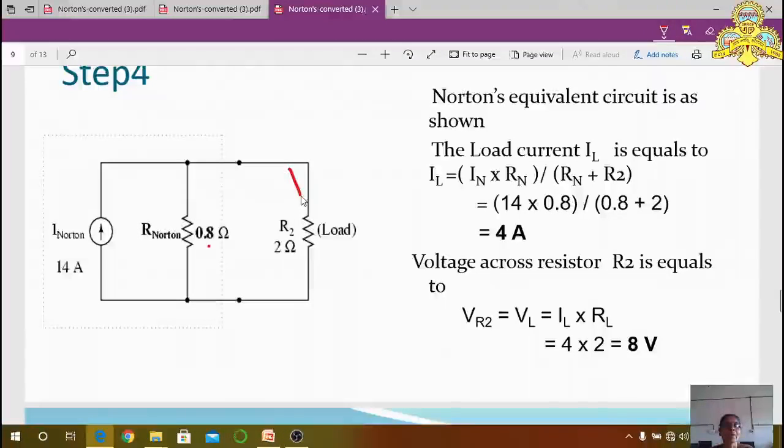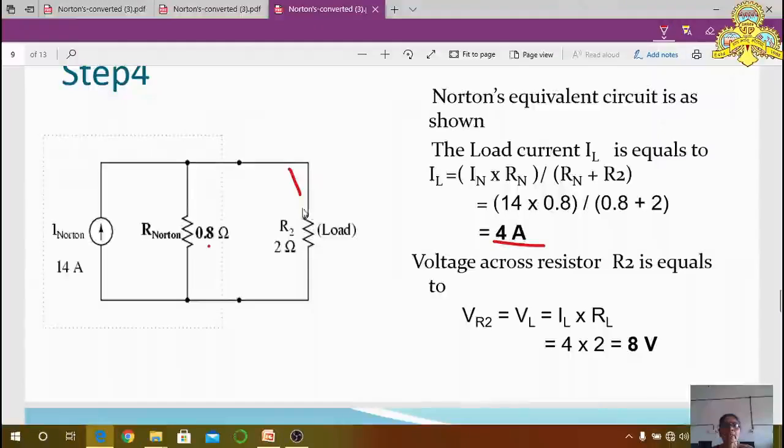This current is calculated by IN into Rn divided by the total resistance Rn plus R2. 14 into 0.8 divided by 0.8 plus 2. This becomes 4 amperes. Then the voltage across resistor R2, VR2, is nothing but the load voltage drop.